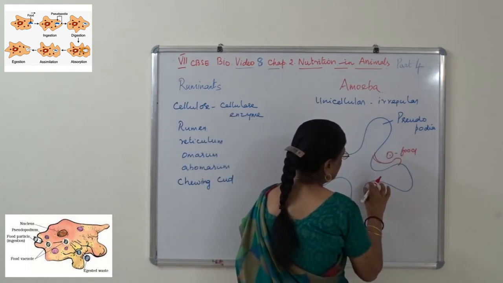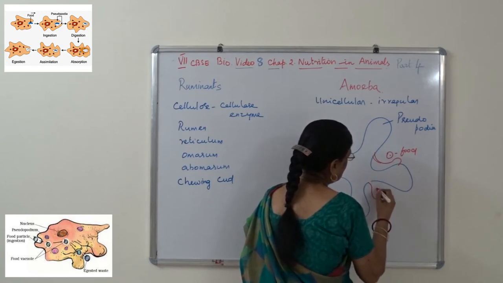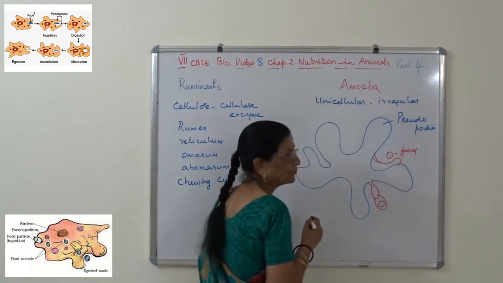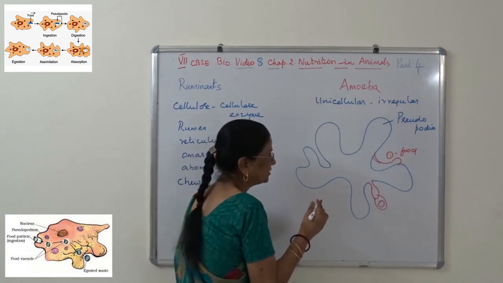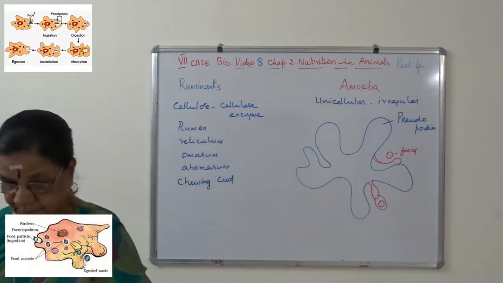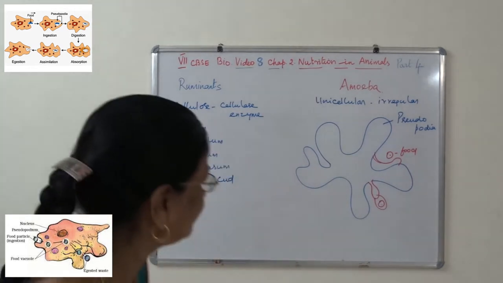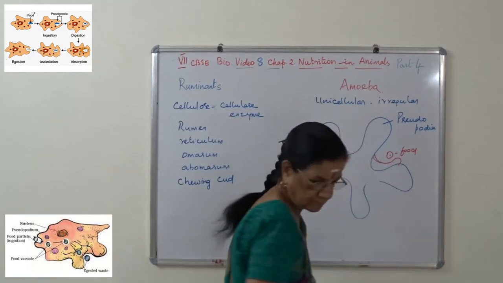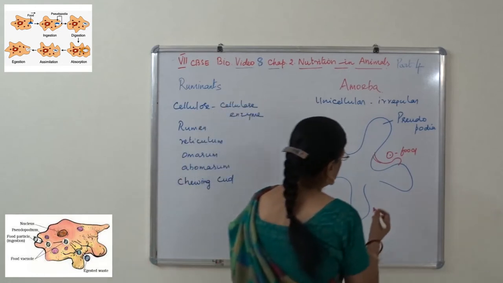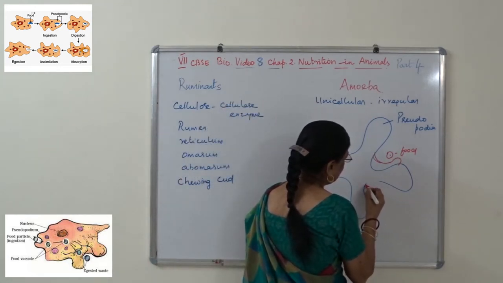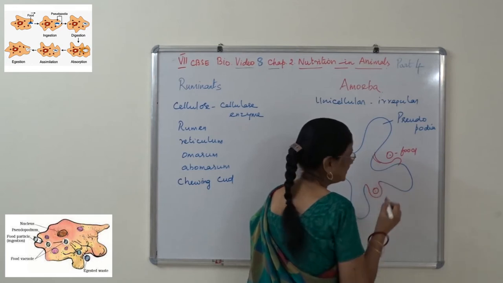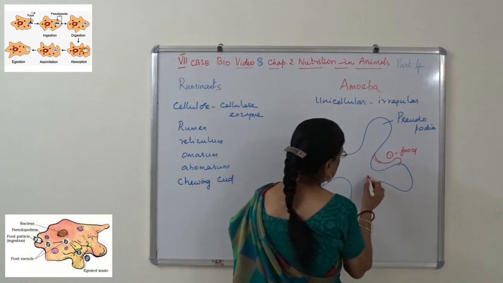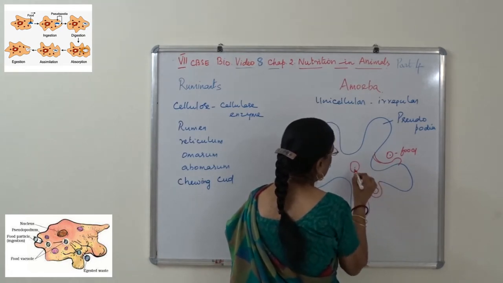I repeat, it puts forth this pseudopodia like this, and then it is taking the food. Here is the food, so it brings the structure like this. This is pseudopodia, right? And then the food is taken in and it forms the vacuole.